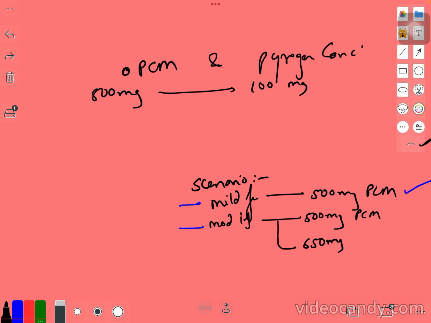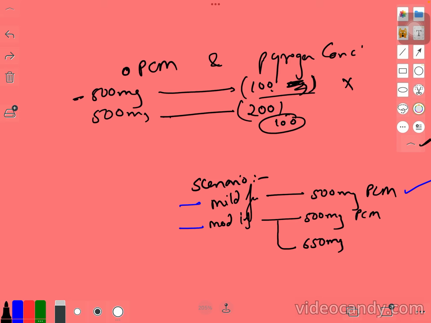So 500 milligram was completely destroying all this 100 of pyrogen concentration, and the patient has no fever. Next time the concentration went to about 200, and you still give 500, but we know that 500 was destroying 100. So in this case, still 100 is left, and it is still causing the mild fever.